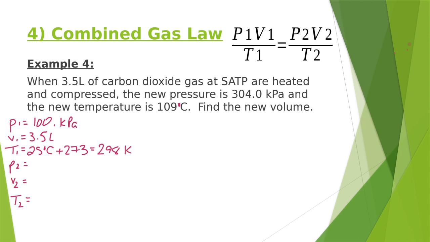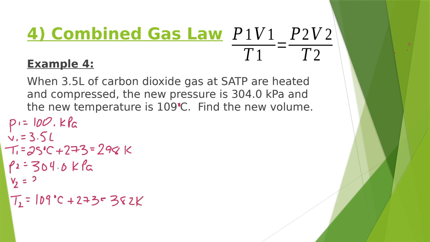So when this is heated and compressed, the new pressure is 304 kilopascals, and the new temperature is 109 degrees C. We're going to add on 273. So they're really heating this up. And we get 382 Kelvin.